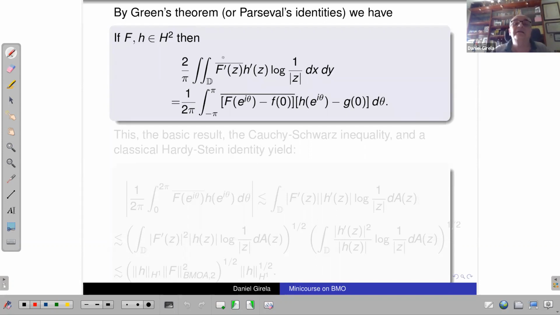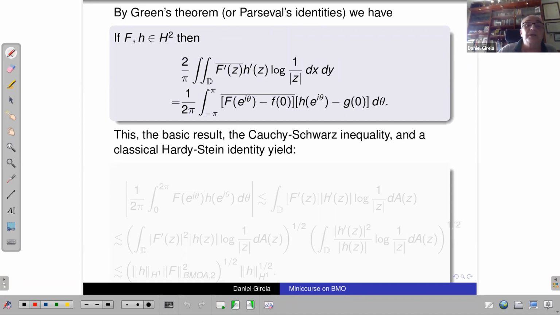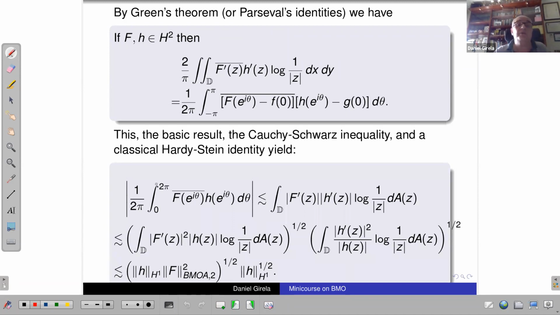But anyway, this is simply the Parseval identities, or if you prefer, by Green's theorem, we get these Littlewood-Paley inequalities. Then using this, what I call the basic result for duality, and the Cauchy-Schwarz inequality, what we get is this. If we start with a function f in BMO and h in H1, let's forget about f of 0 and g of 0.